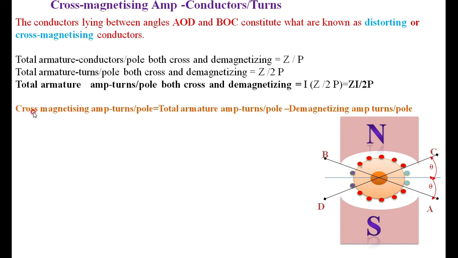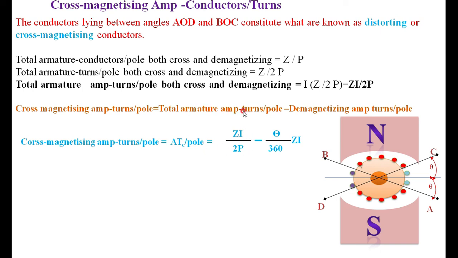Then, how to find the cross-magnetising ampere turns per pole? It is the total armature ampere turns per pole minus the demagnetizing ampere turns per pole. As already derived, if you deduct the demagnetizing ampere turns per pole from the total armature ampere turns per pole, the remainder is the cross-magnetising ampere turns per pole. The cross-magnetising ampere turns per pole is represented by ATC per pole.